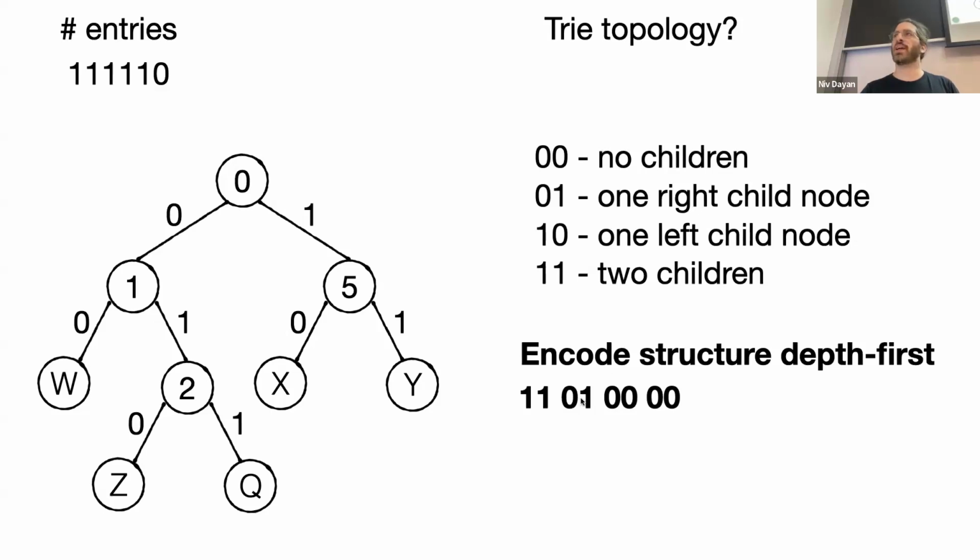That's why I have a 0, 1 here. And then I have 2 other internal nodes here, this one and this one. Both of these only have children that are leaf nodes. So for both of them, it's 0, 0, 0, 0. So this encoding, I claim, is sufficient for uniquely encoding the shape of this trie. Does that make sense? Any questions?